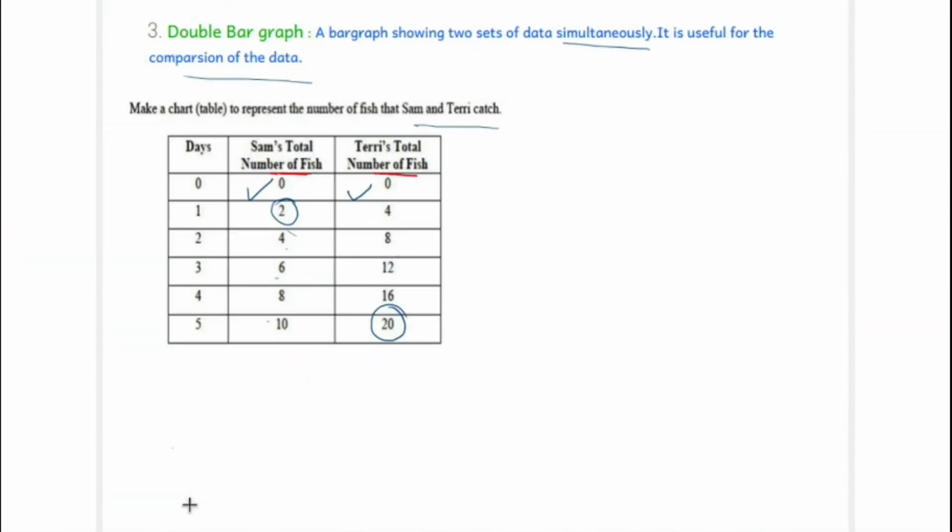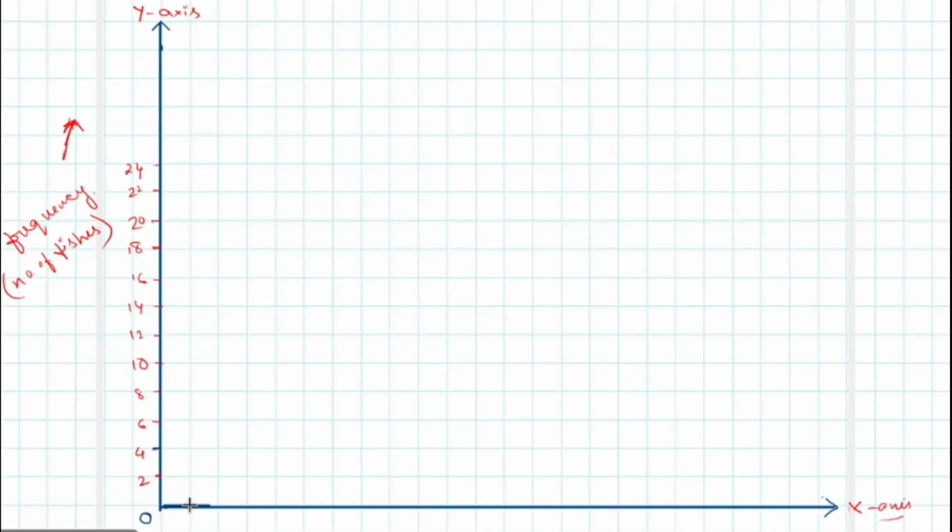Sam has got 2 and Terry has got 4. So for Sam it is 2, so 2 fishes. Now for Terry it is 4, so here only we will draw it.